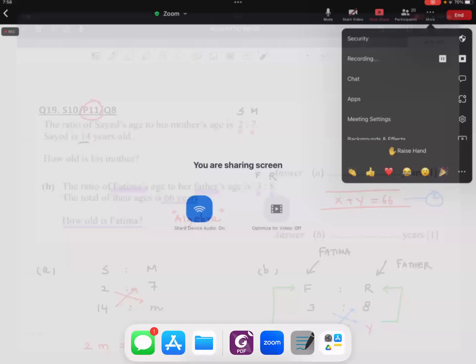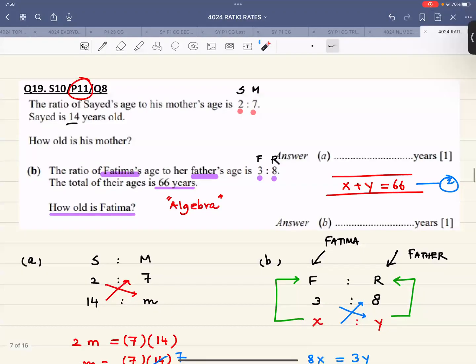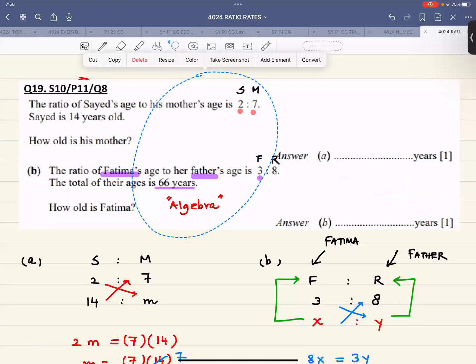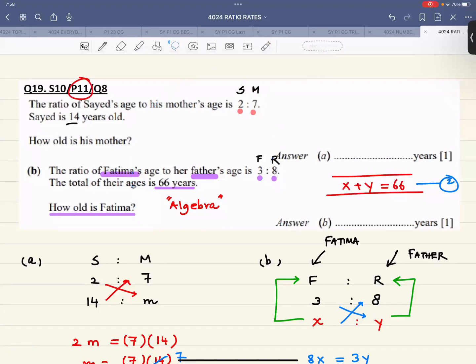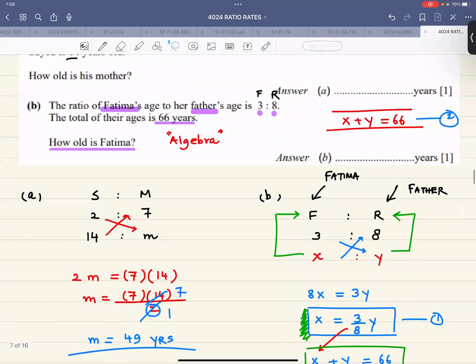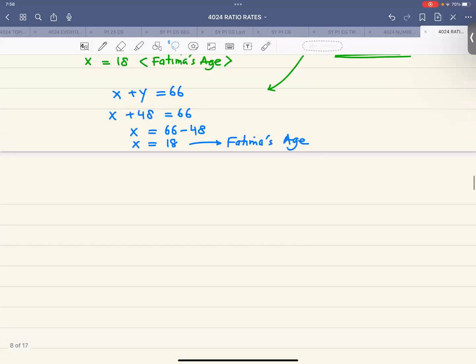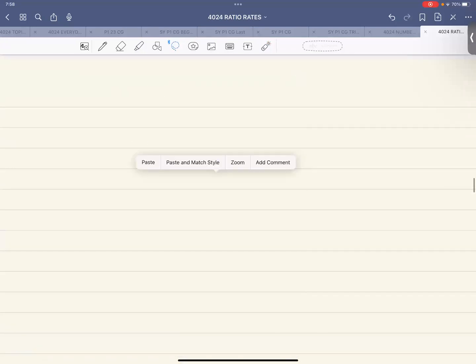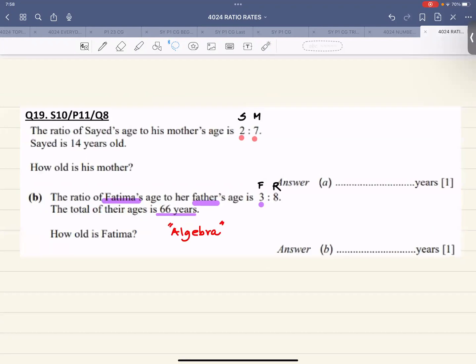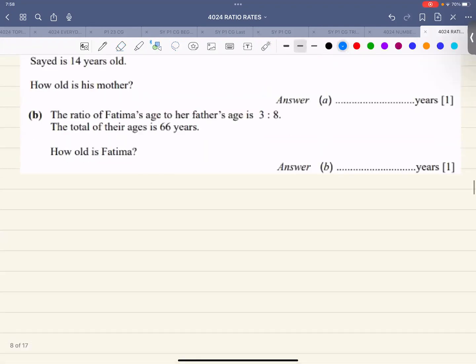Now, let me grab this question and let me explain the second part in one other way. Let me add a page over here. Let me remove all the extra stuff. And my focus is on the second part only.